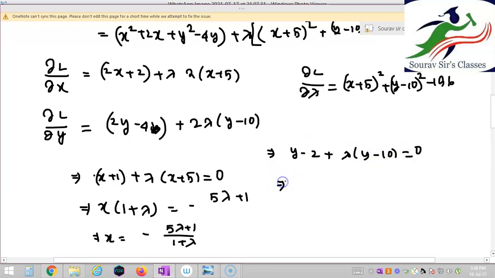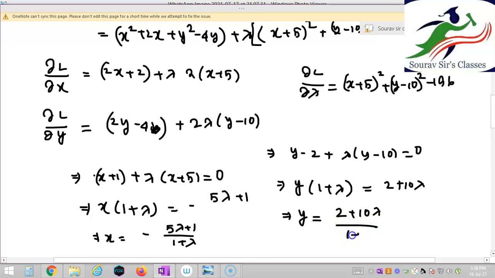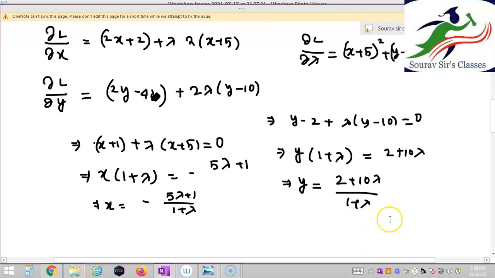Taking y common, I can write (1 plus lambda) y is equal to 2 plus 10 lambda, and hence y is equal to (2 plus 10 lambda) by (1 plus lambda), right?